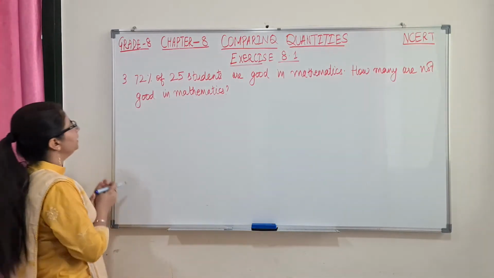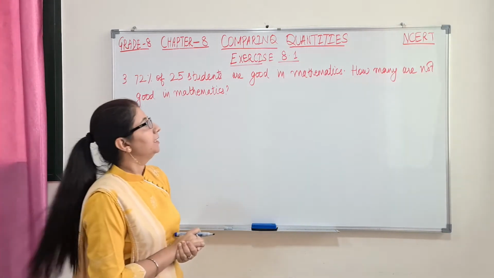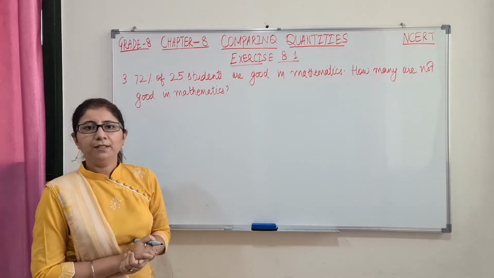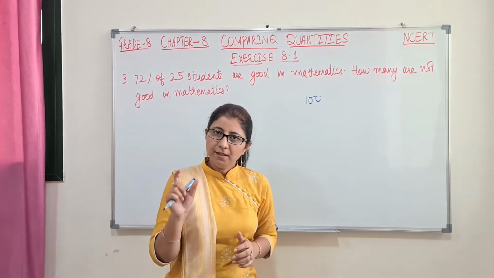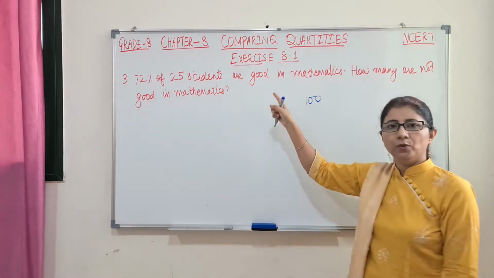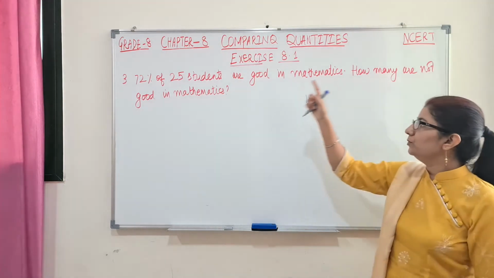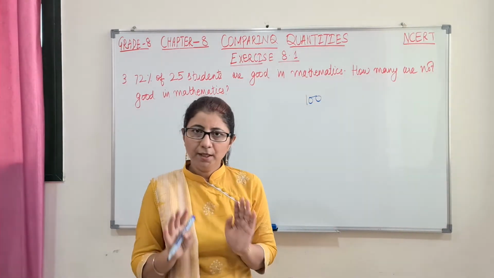So the third question is, 72% of students are good in mathematics. How many are not good in mathematics? As I already told you, overall percentage is always 100%. So we are given two quantities, that is the number of students who are good in mathematics and the number of students who are not good in mathematics. So overall percentage should be 100%.